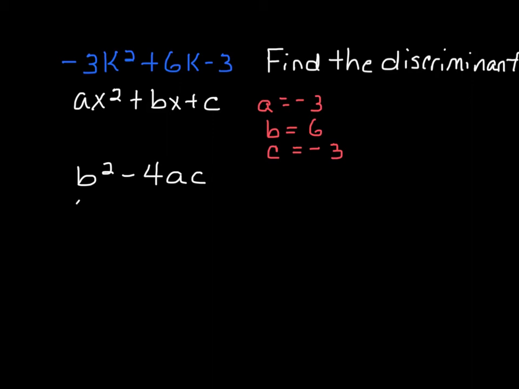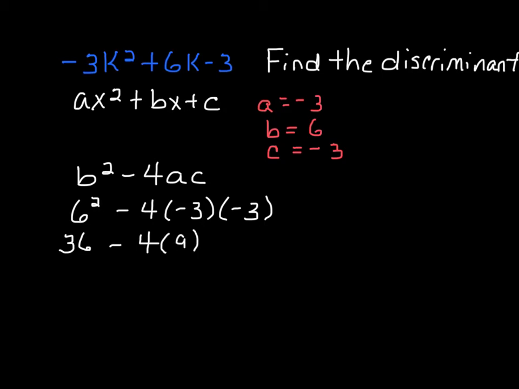b squared is going to be 6 squared minus 4 times negative 3 times negative 3. 6 squared is 36 minus 4 times negative 3 times negative 3, which is positive 9. 36 minus 36.